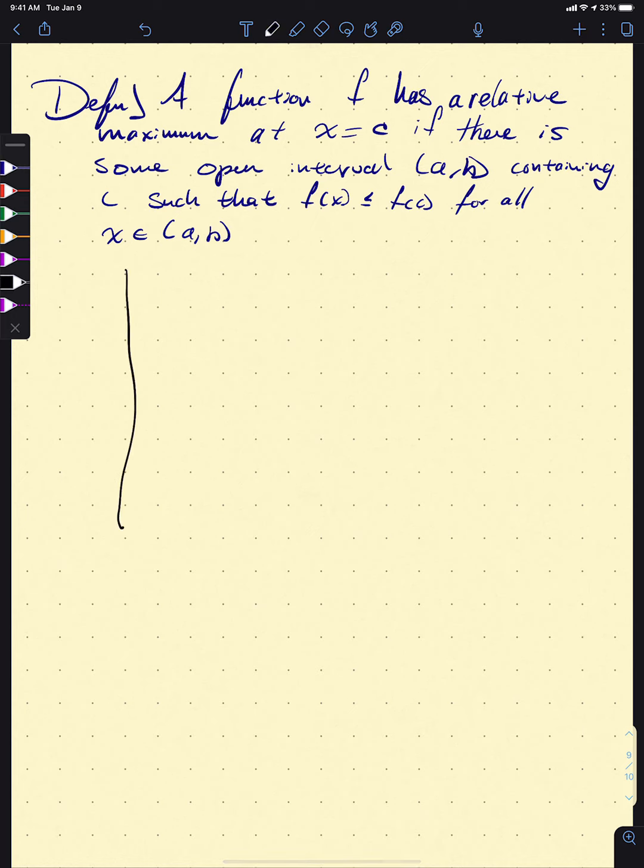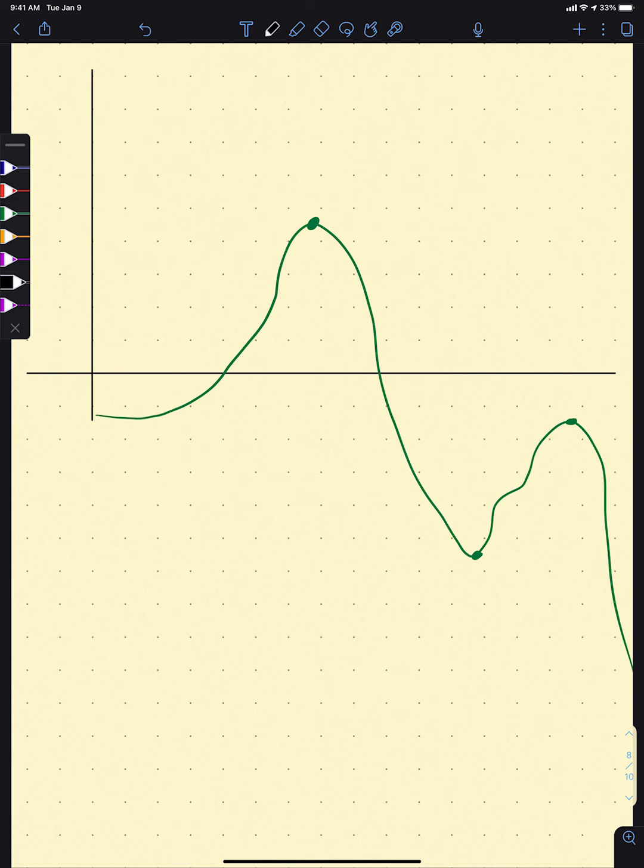What's the idea behind this definition? Does it do what we expect? Because that's one of the things with parts of calculus: you can look at this graph and tell me, hey, this should be one of our local maxima, this should be a local minimum, this should be a local maximum.